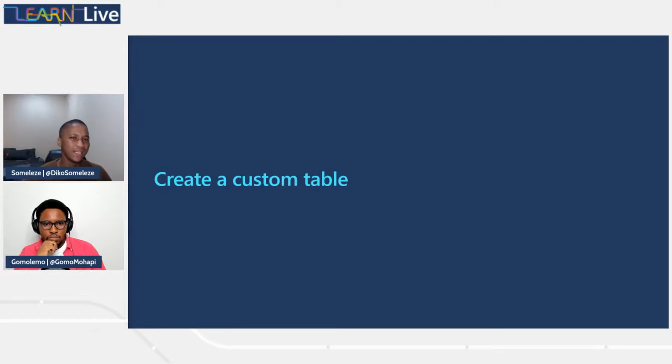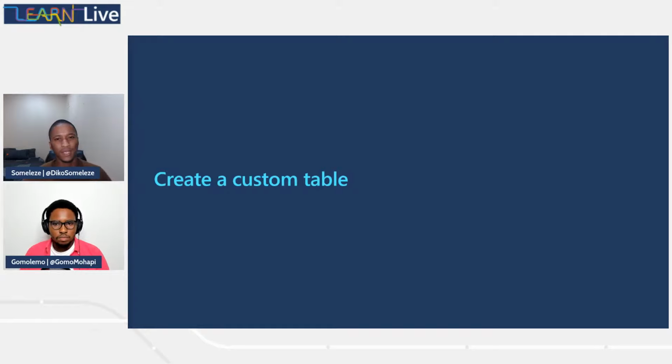Why am I saying all of this? The reason is you don't want to be duplicating tables, creating a custom table when there's already a standard table that does the exact same thing. So do that first check, and if you find there's no standard table that meets your requirements, then you can carry on creating your custom table. Okay, that's the next step, to create a custom table.